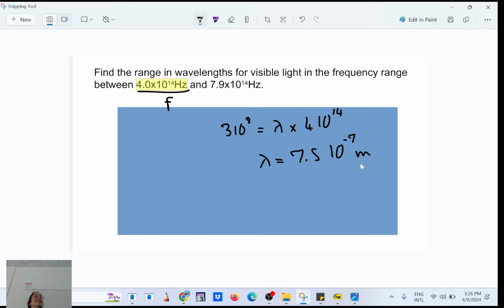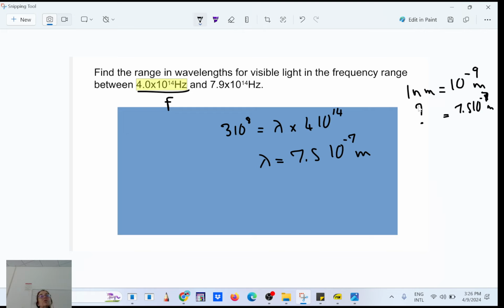Can you convert to nanometers? Because usually for visible light, the wavelength is in nanometers. So 1 nanometer is 10 to the negative 9 meters.